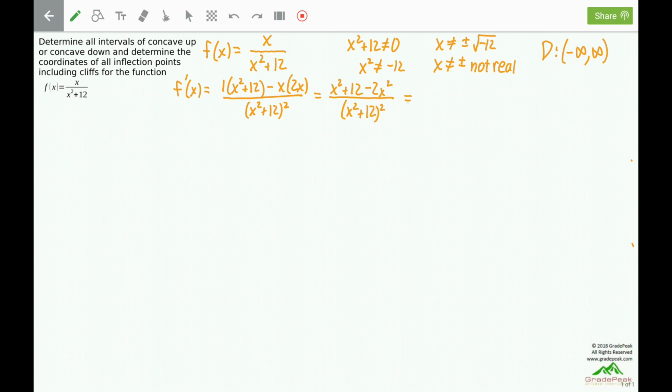We can combine like terms together in the numerator. There's an x squared and a minus 2x squared, which will be negative x squared and a positive 12. We can write the positive 12 first, and then the negative x squared, all over x squared plus 12 quantity squared.